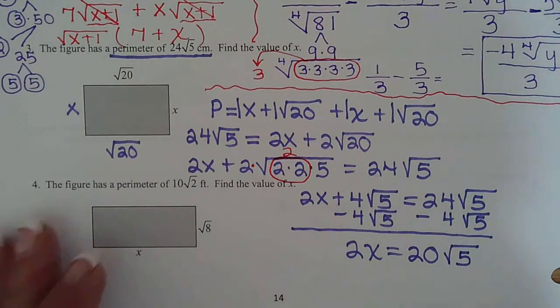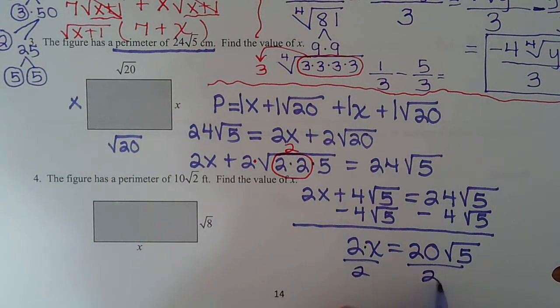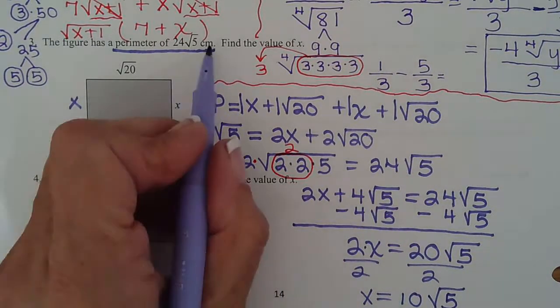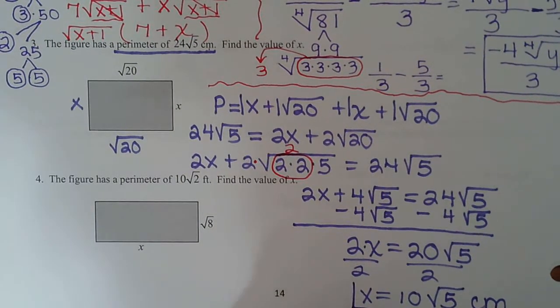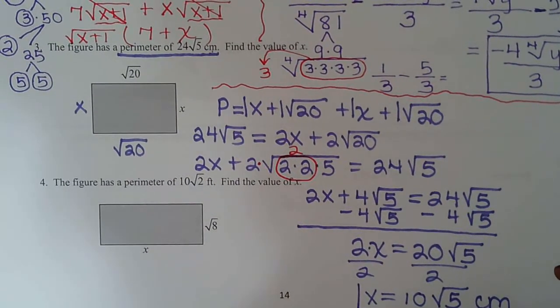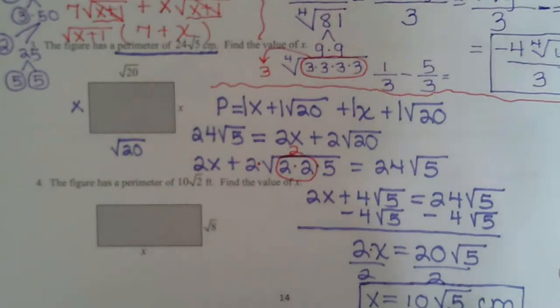Almost have x, don't we? To get x alone, we do the opposite, divide by 2. So you can see x is 10 radical 5 and centimeters. So you're just finding the missing side, and they give you the perimeter.